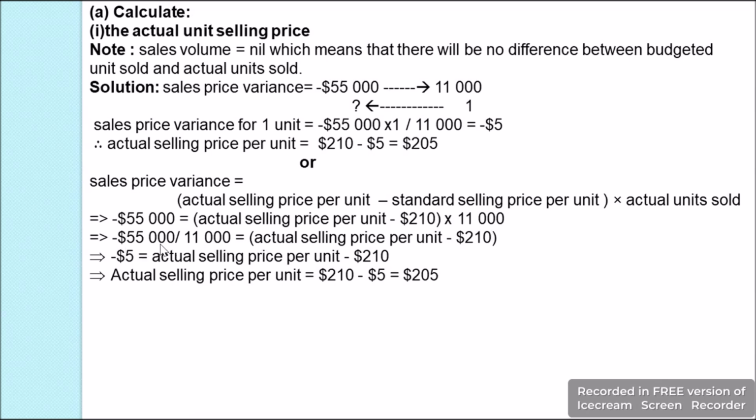So it will be minus 55,000 divided by 11,000 equal to actual selling price per unit minus $210. So here we get minus 5 equal to actual selling price per unit minus $210. Now when we take this $210 to the other side, here it is in subtraction, there it will be plus. So here we will get the actual selling price per unit equal to $210 minus this $5, which will be equal to $205. So you can do it either way, whichever is easy for you.